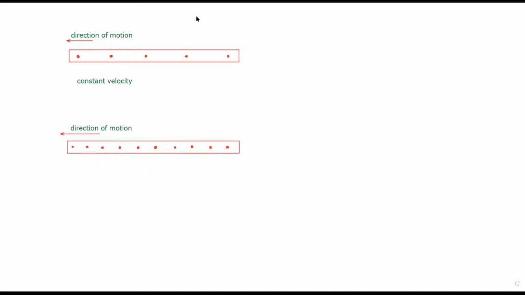Now I also move in this direction. All right, so this one is also called constant velocity. As you know, constant velocity is also called uniform velocity. I will use the term next time. I don't want to confuse you. I want you to know this one is called constant velocity.